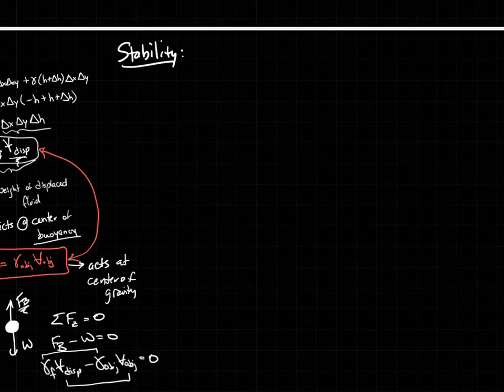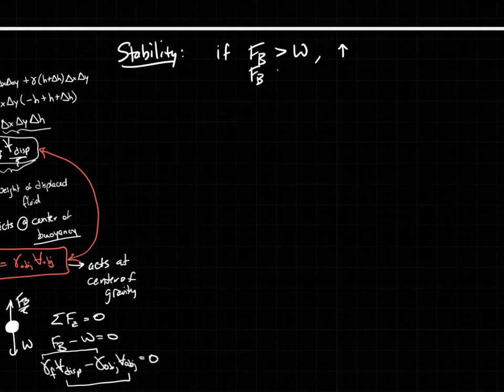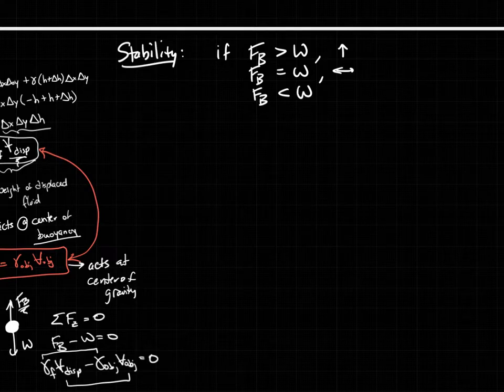First, and this is kind of obvious, if the force of buoyancy is greater than the weight, then the object will rise. If the force of buoyancy equals the weight, then the object will stay where it is. And if the force of buoyancy is less than the weight, then the object will sink.